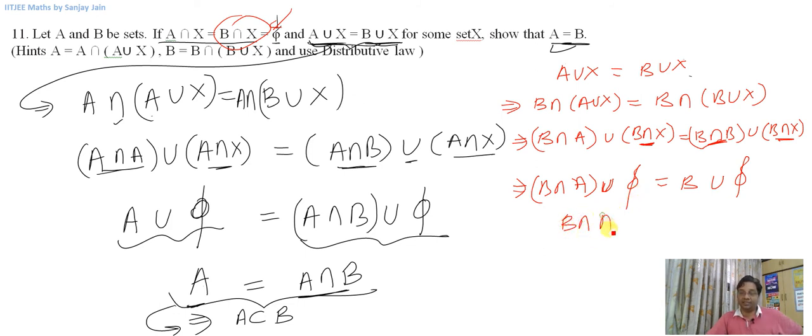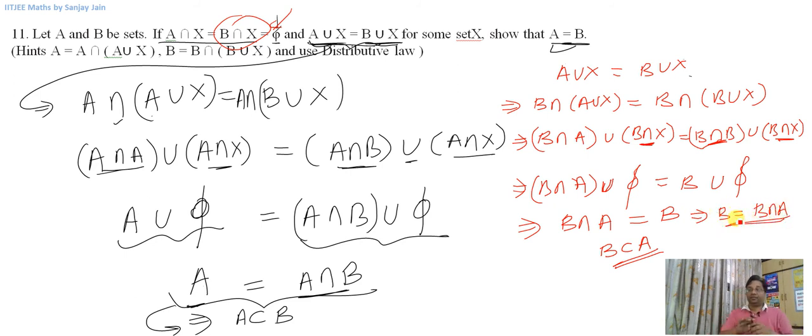So B intersection A is equal to set B. And again, if B intersection A is equal to B, then that means this set B is subset of set A, right? Or in other way around, B is equal to B intersection A, right? Imagine in your mind, if there is B which is inside A, right? So its intersection with A will be B itself. So B is definitely a subset of A.